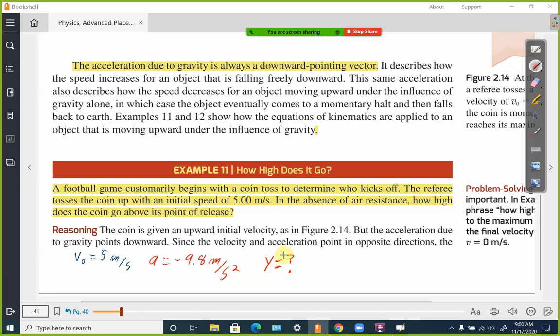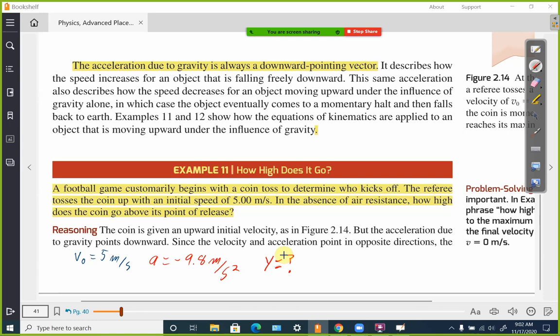So as I look at what equations I could use, now I have some choices to make. You go back to section 2, or table 2.1, and you decide which one you could use to try and find your y.